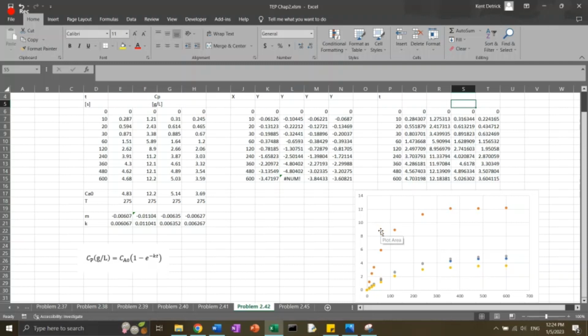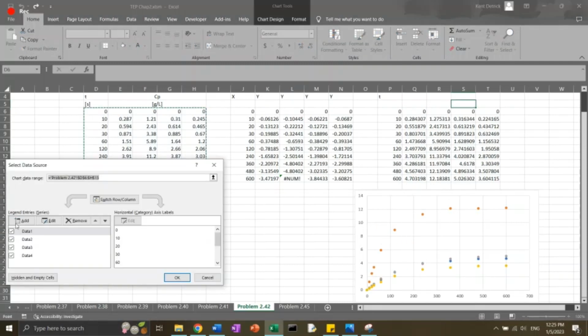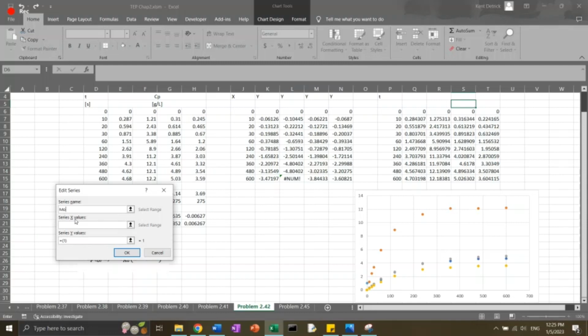Okay, so now we'll plot our models. Model 1.